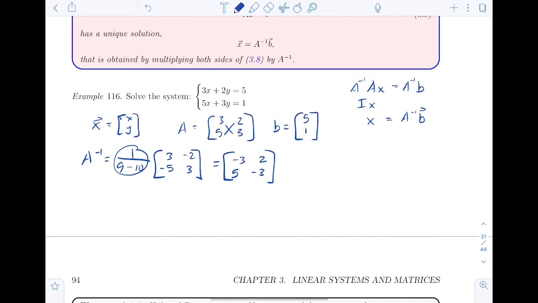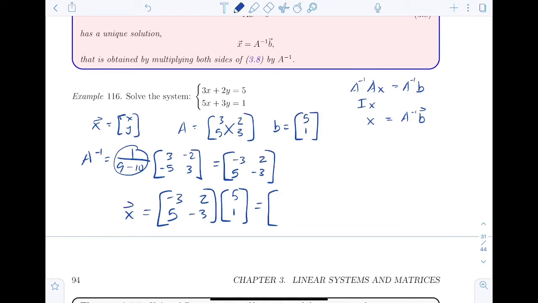So there's the inverse. And so I can solve this system by simply saying that X is going to be negative 3, 2, 5, negative 3 times 5, 1. And then just do the calculation. So negative 3 times 5 is negative 15 plus 2.